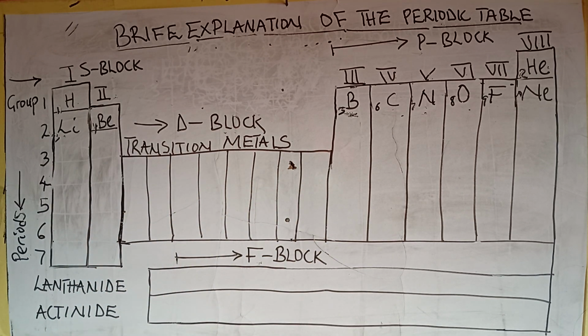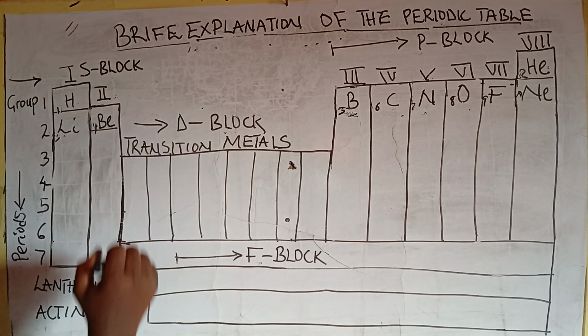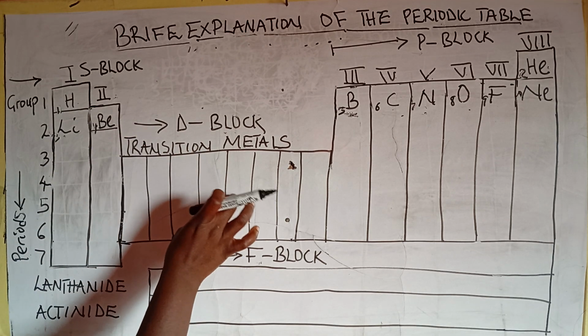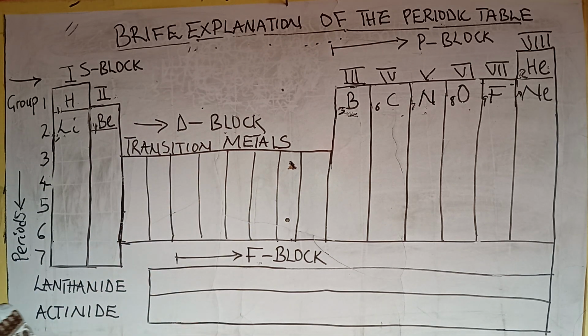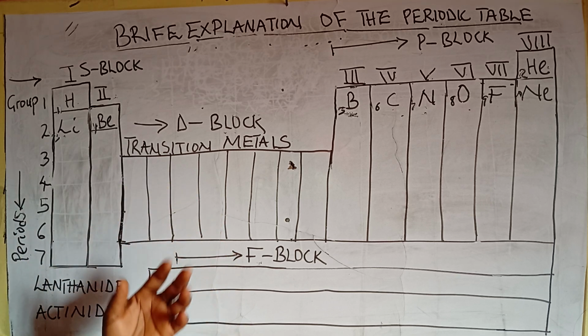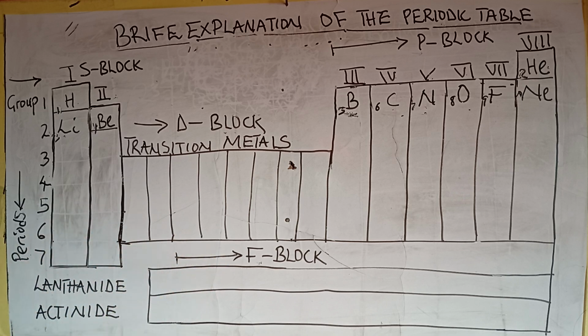However, they normally have incomplete d orbitals that gives them some of their characteristic properties like being paramagnetic, ability to form colored ions, complex ions, and so on. Now these F block elements, the lanthanides and the actinides, are called the inner transition metals.